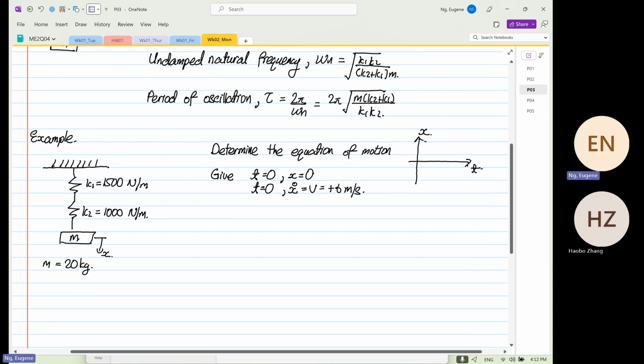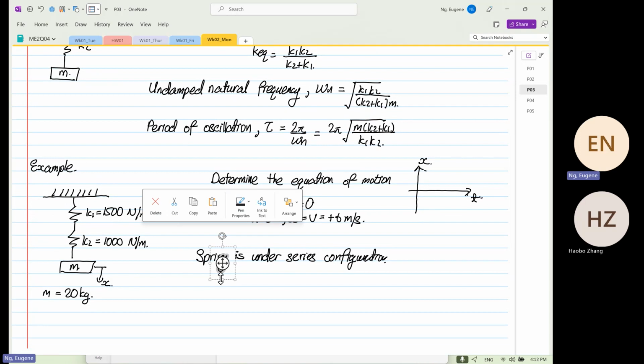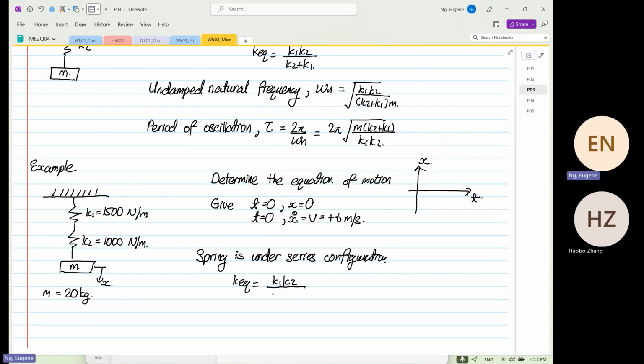So from here, we know that the springs are in a series configuration. So we know that K equivalent will be equal to K1 multiplied by K2 over K2 plus K1.